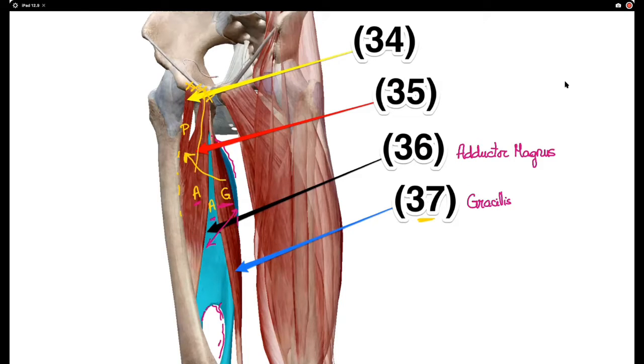How about this one on here? That travels for a longer distance. So it is longer rather than bulkier. So what would we call number 35? Yeah, this one is my adductor longus.